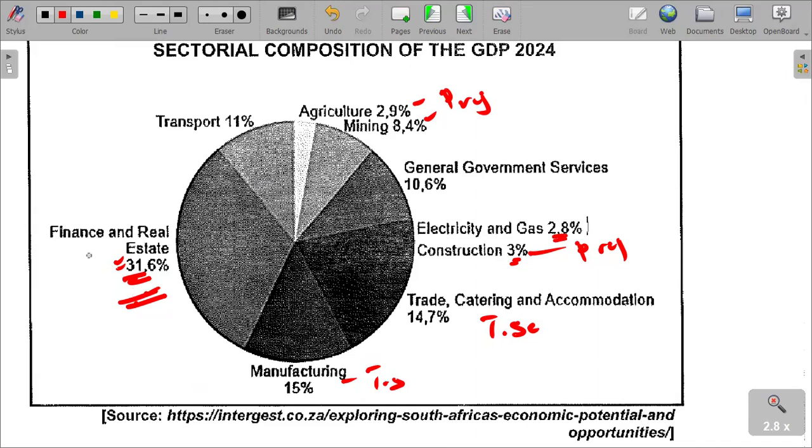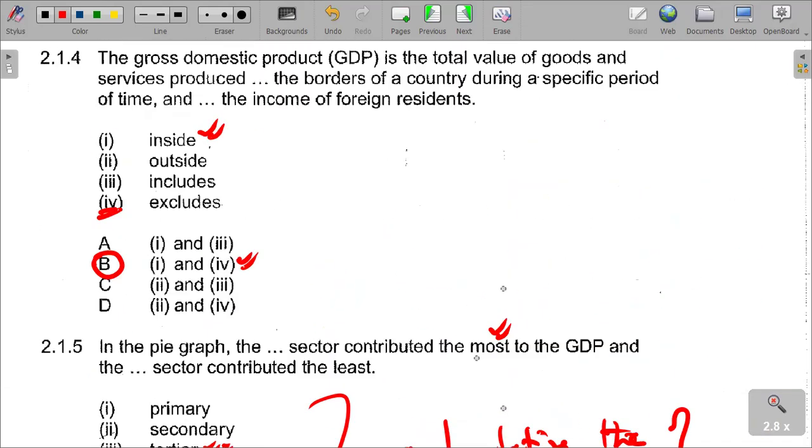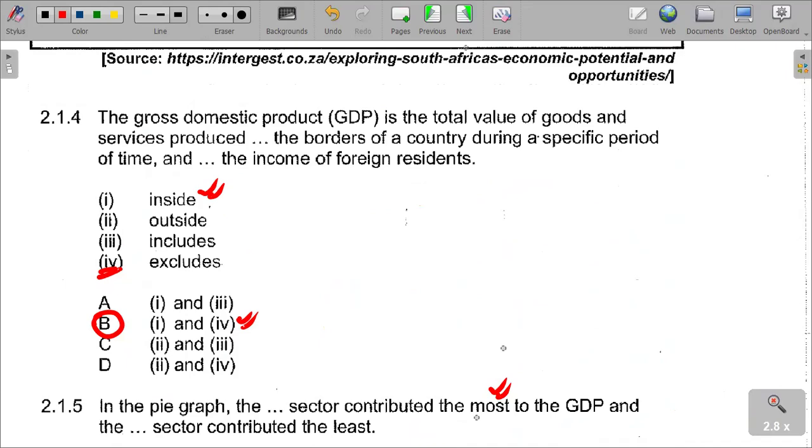Finance and real estate, transport is tertiary sector. Mining and government services, specialized government services. So you add and compare these sectors. That's what you just need to do in terms of this question.